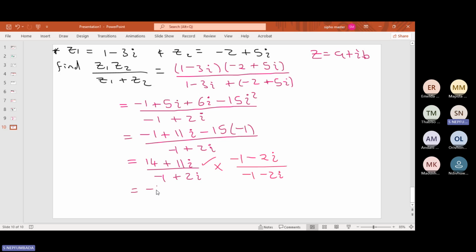We have minus 14 minus 28i minus 11i, then minus 22i squared, divided by 1 minus 4i squared. Are we fine?